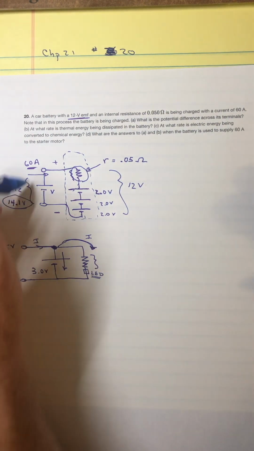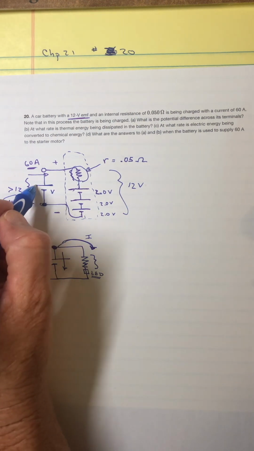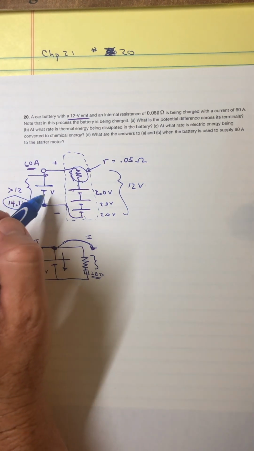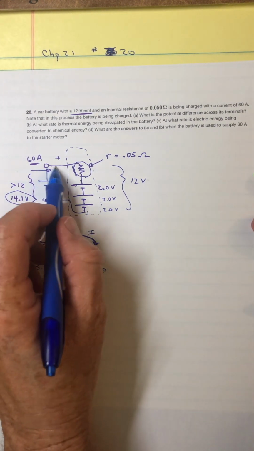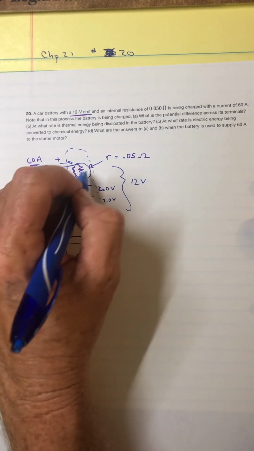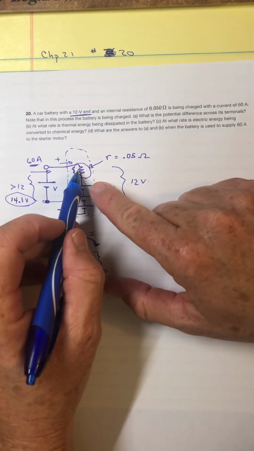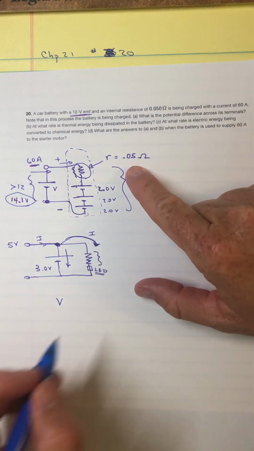If I add up around the loop, starting down here, I would go from negative to positive. So this is really the alternator of my car. Let me call that V. Then I can go across here, and since the current would be flowing this way, the voltage change here would be Ohm's law, current times resistance.